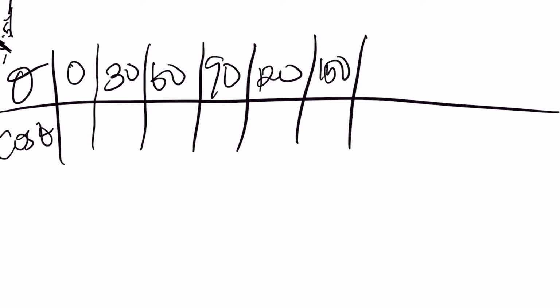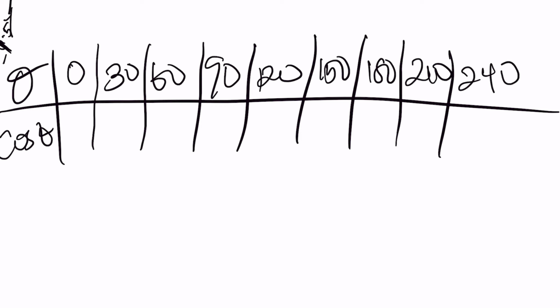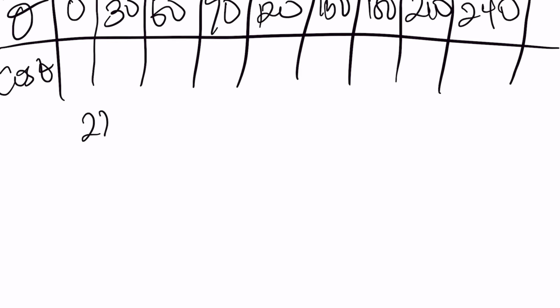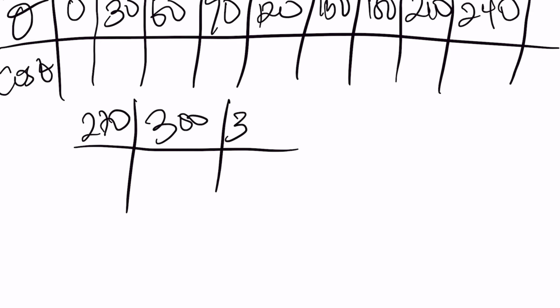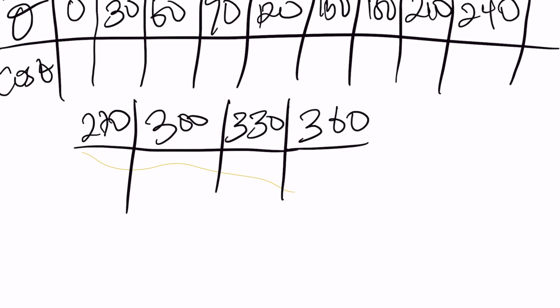So, for our cos theta, we have 0, 30, 60, 90, 120, 150, 180, 210, 240, 270, 300, 330, and 360.